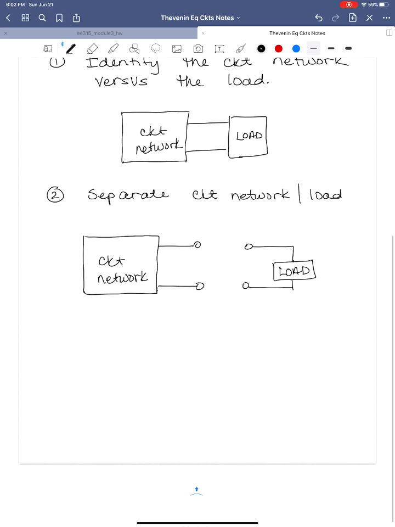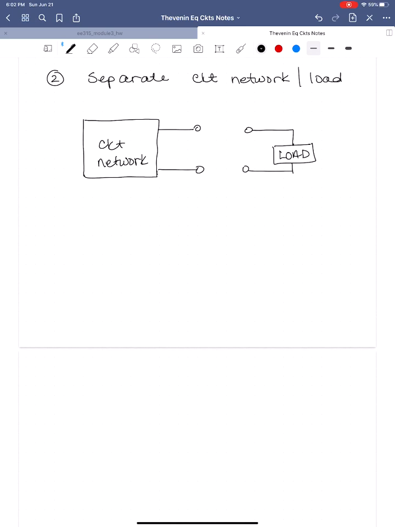Okay, so then step 3, and we're going to focus all on the circuit network from here on out until the very end. We're going to find what we call the open circuit voltage.